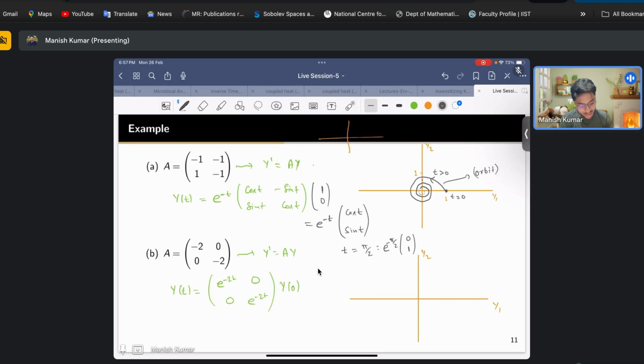You can clearly see it is not containing an equilibrium point, because the equilibrium point for this system is nothing but 0, 0, right? This is the equilibrium point what we have. Okay, so this is how.